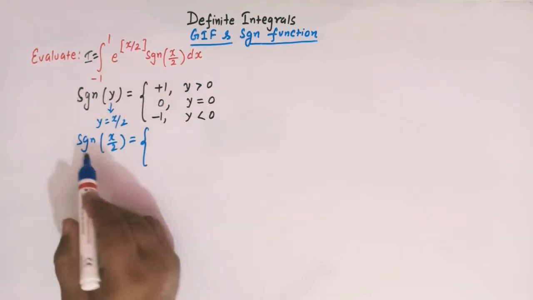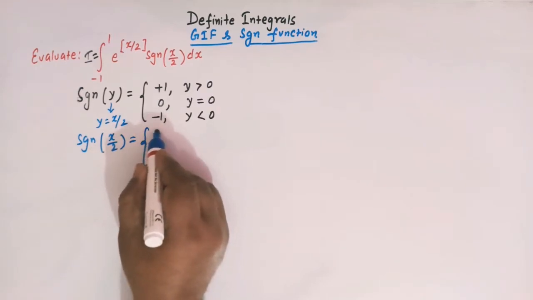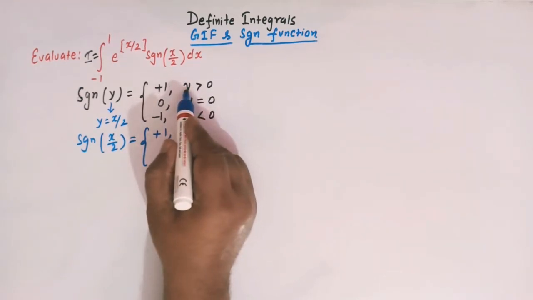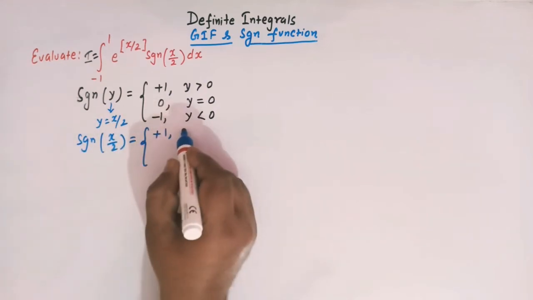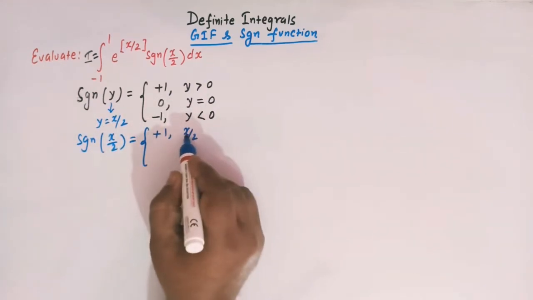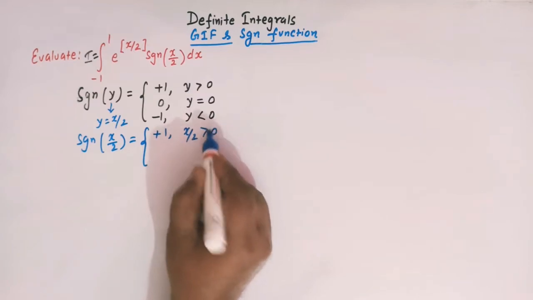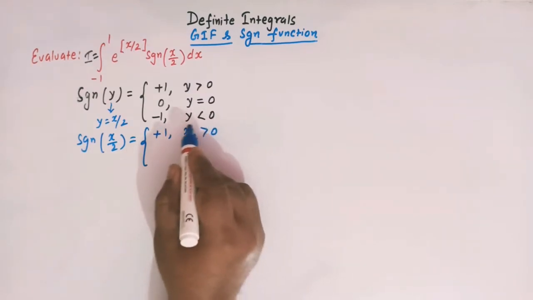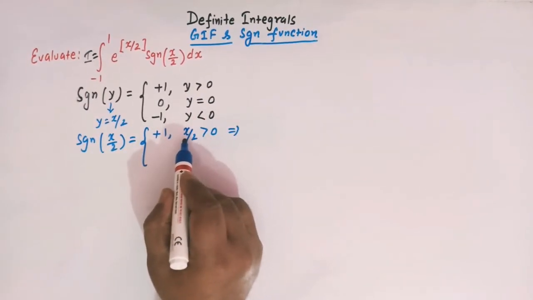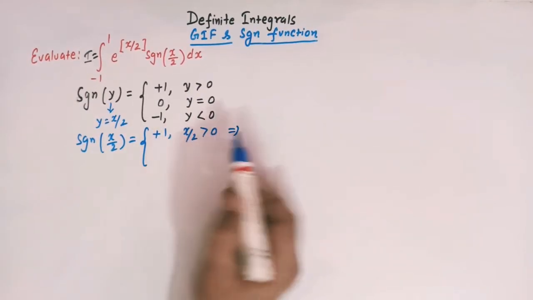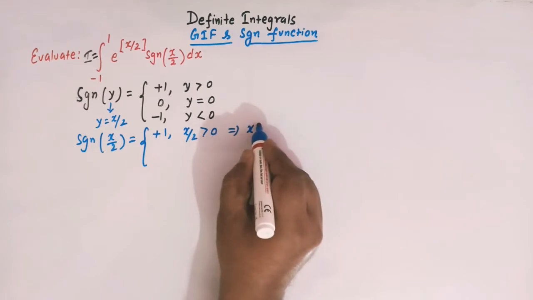So signum of x over 2 will take +1 value whenever y is greater than 0. So here we have y is equal to x over 2. So this is x over 2 greater than 0, right?